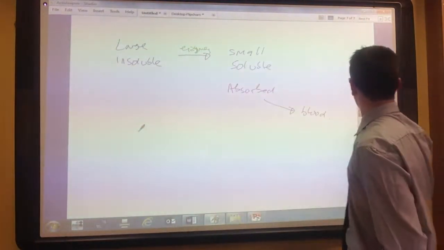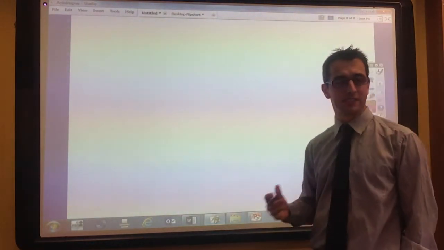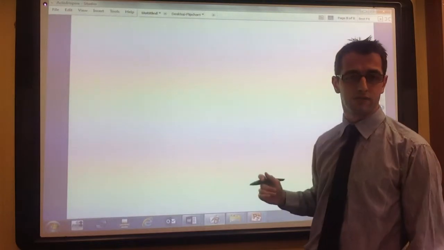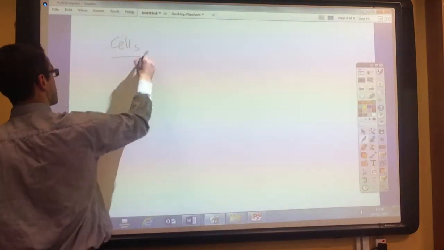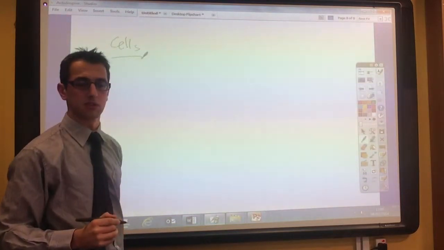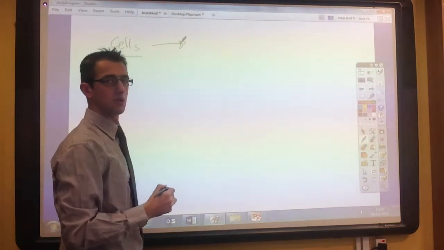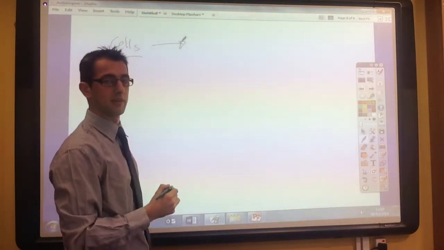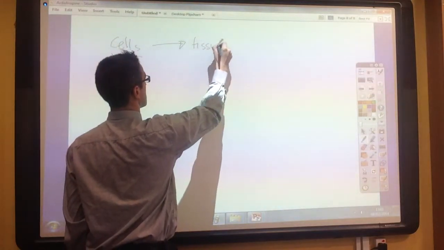You should know that in terms of organ systems, there's a hierarchy of size, starting with the smallest being cells, the smallest unit of any living organism. Groups of cells of the same type working together for a common function form tissues.